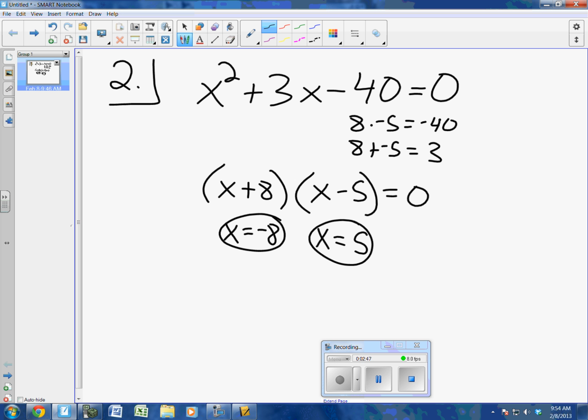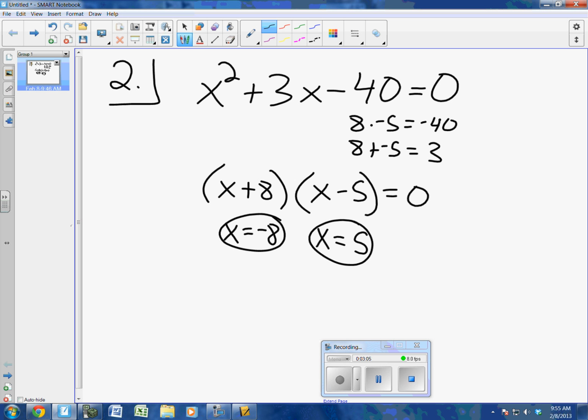Okay? I would say 5 and 8, I'm betting both of those have imaginary solutions. What's the only way to solve it if it has imaginary solutions? Quadratic formula. You could do completing the square, but we don't know that method very well.